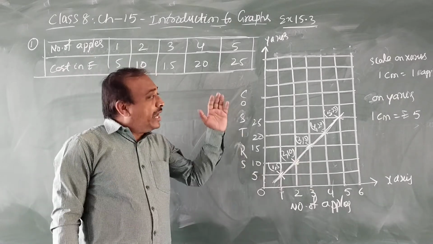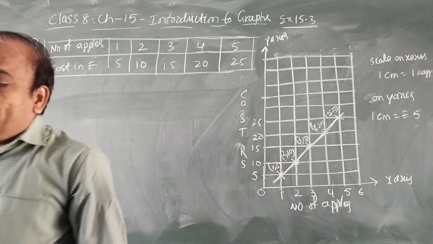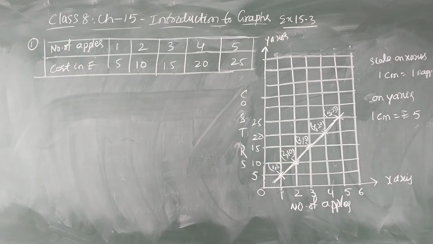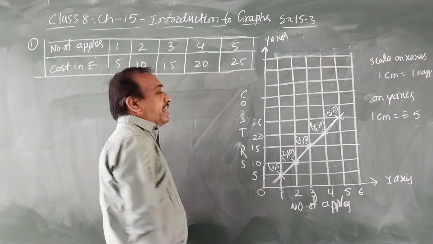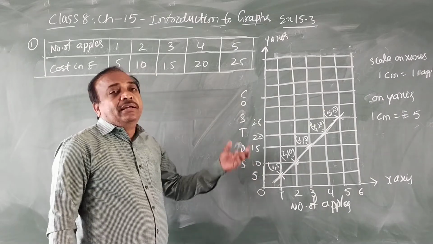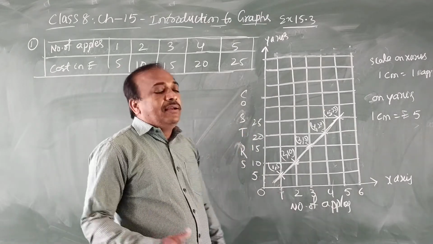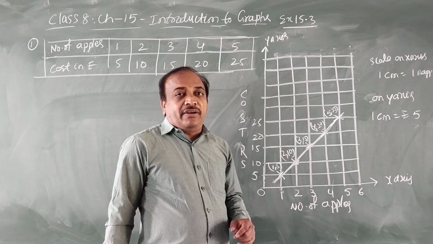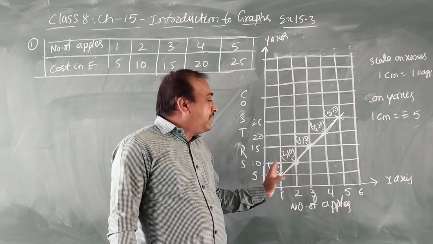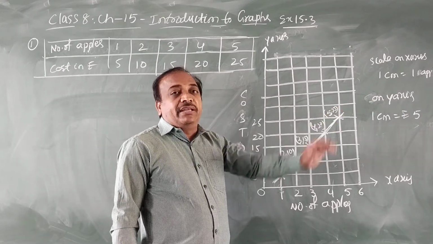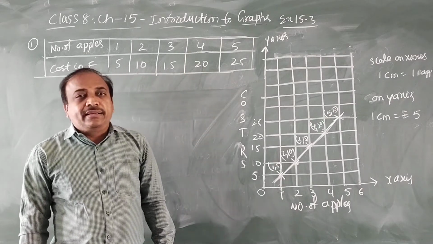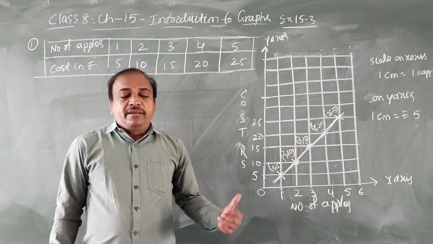So like this we plot the points and identify whether it is a linear graph or not. If it is a broken path, then it is not a linear graph. If it is an unbroken path, then we call it a linear graph. Is it clear?